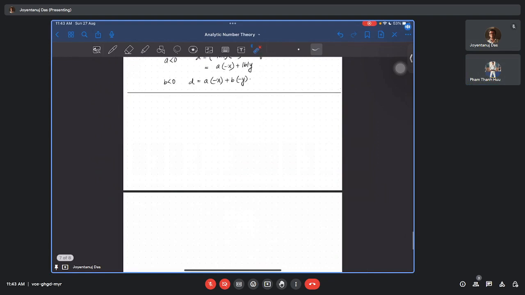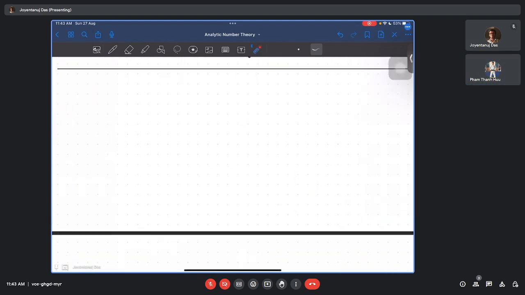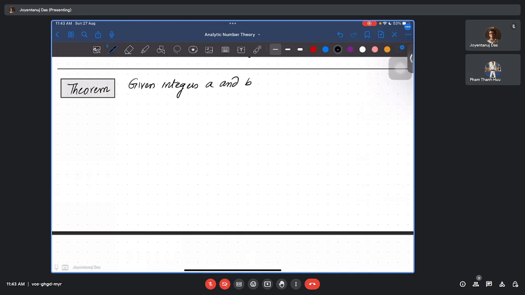Okay. So the next theorem that it says is: given integers a and b, there is one and only one number d with the following properties.